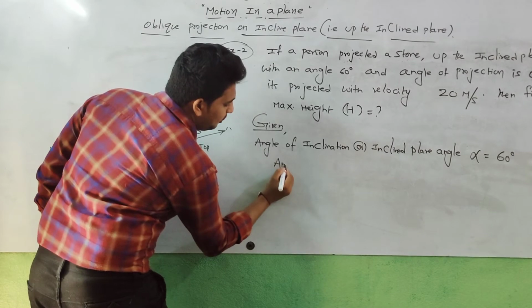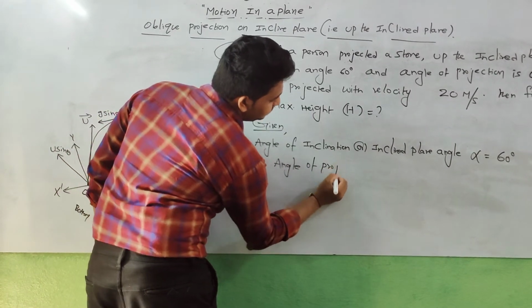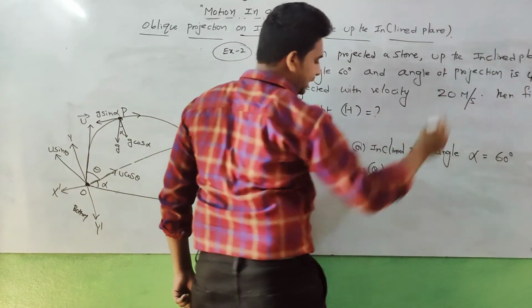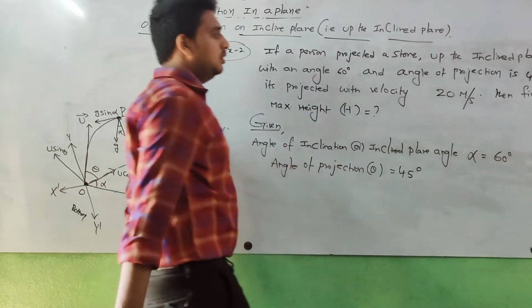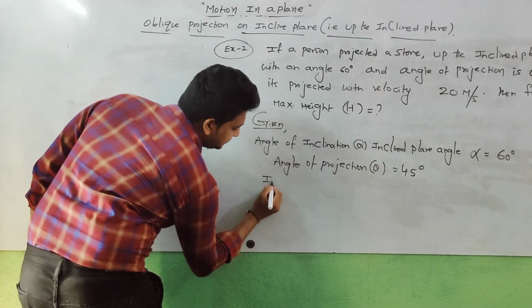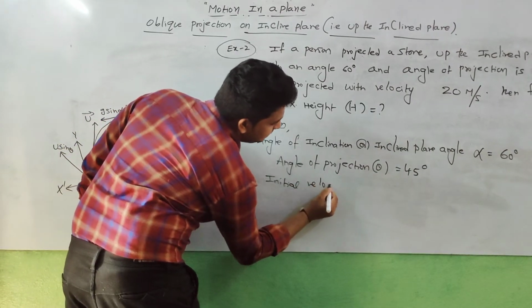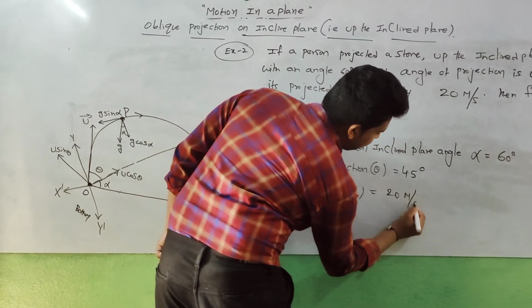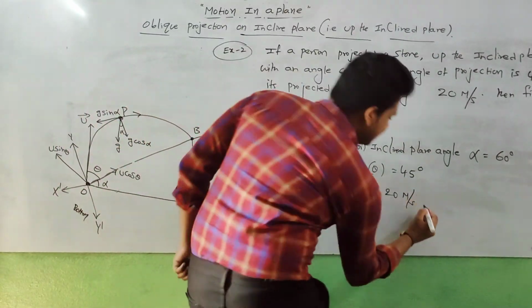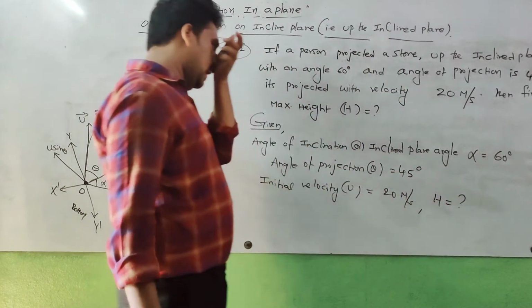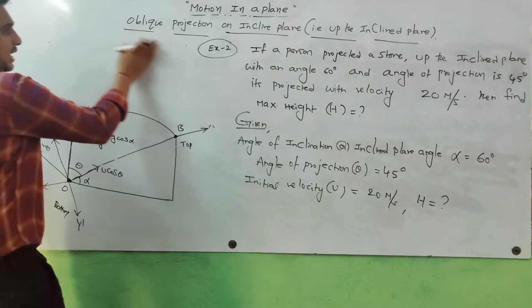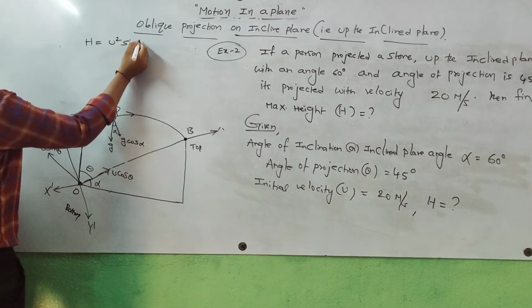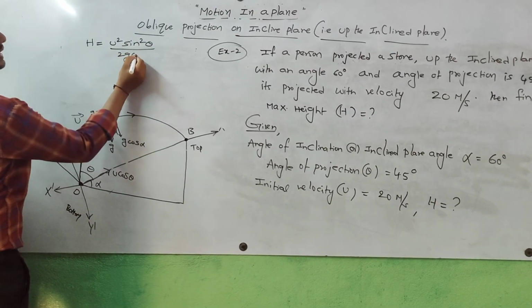Next, the angle of projection theta is equal to 45 degrees. Initial velocity u is equal to 20 meter per second. Then we need to find the h value. The formula is h is equal to u square sin square theta by 2g cos alpha.